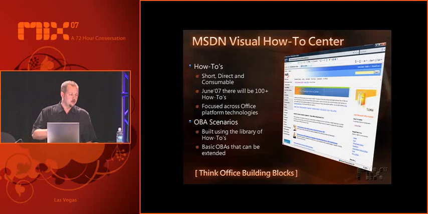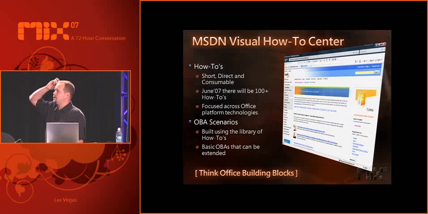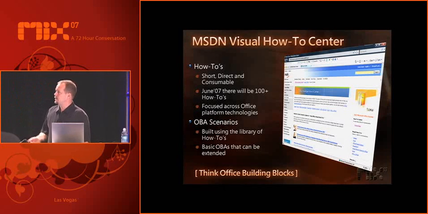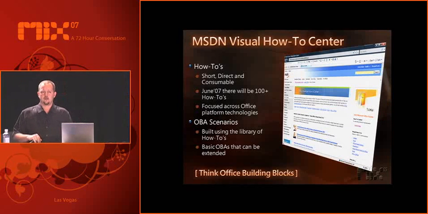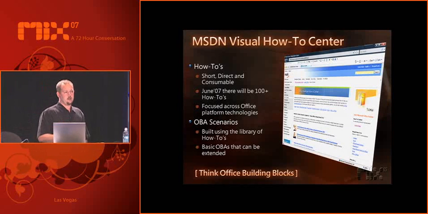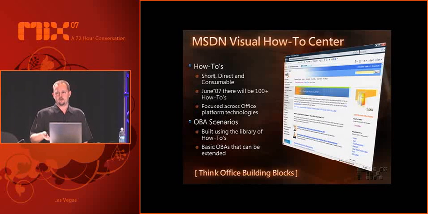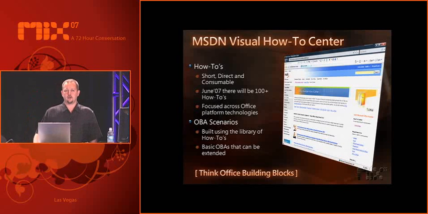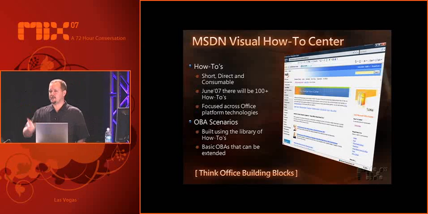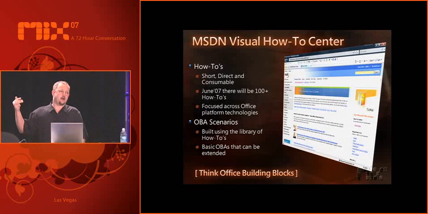In terms of our latest edition, which was just at the end of January, we delivered what's called the Visual How-To Center. These are very short videos, between 5 and 8 minutes in length, with cut and paste code that allows you to get running: ribbons, task panes, business data catalog, file formats.